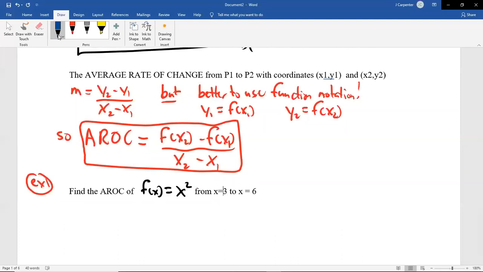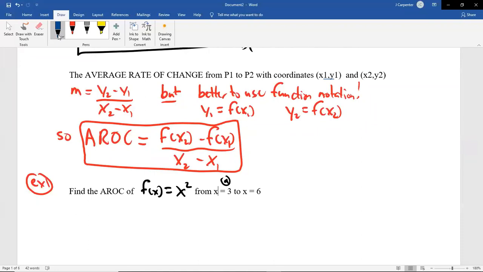And this is going to be example 1a. For example 1b, we're going to use the same function, but we're going to do it from different x values. So we're going to find the average rate of change for the function x squared, our very, very basic introductory parabola, from x values of 3 to 6.